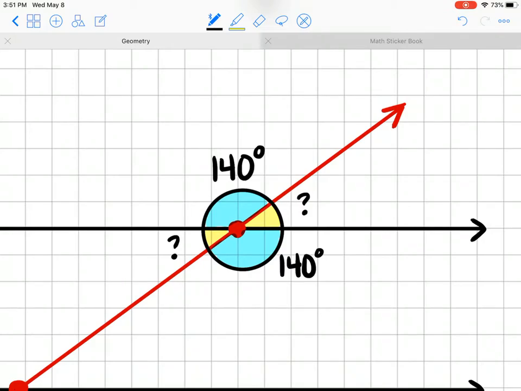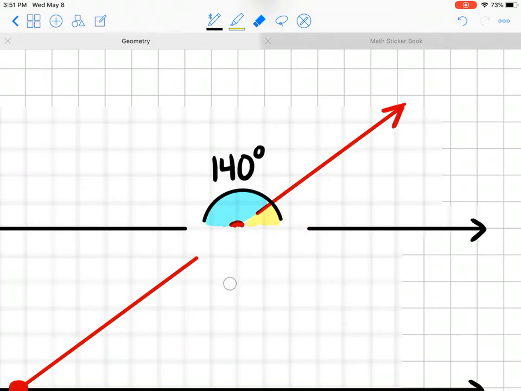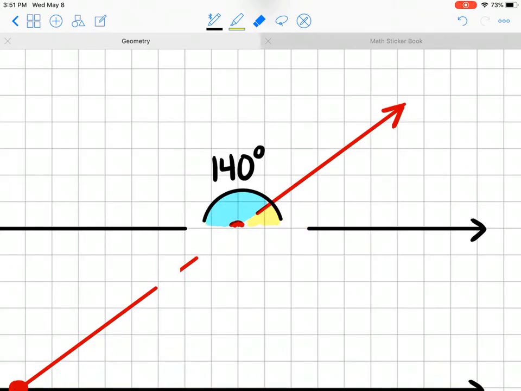Okay. And there are a couple of ways that you can do this. This is the way I prefer. I like to just look at part of my problem. So just this top part for just a minute. We're just going to focus on half of the problem. Okay, I know the black line is a straight line.